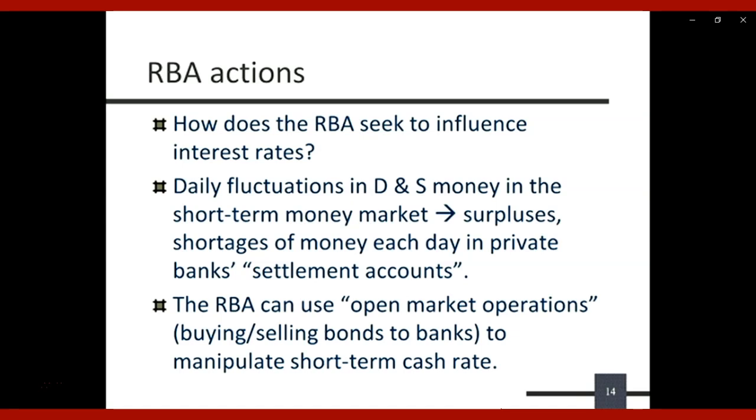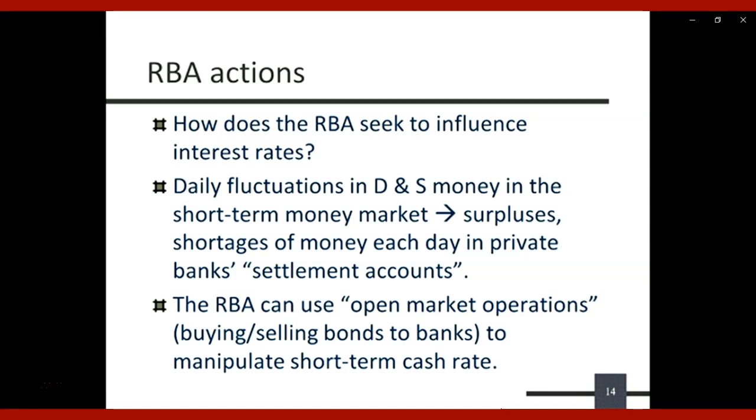So when the Reserve Bank manipulates this short-term money market, and therefore manipulates the interest rate in this short-term money market, the price of borrowing money between the banks each day, that flows through to the interest rates that they charge to their customers.